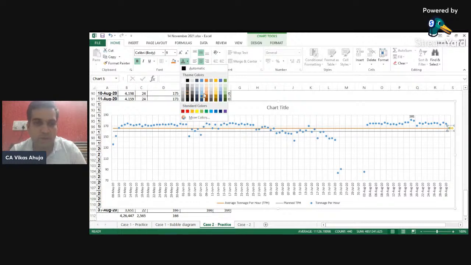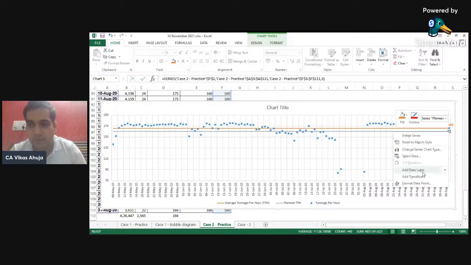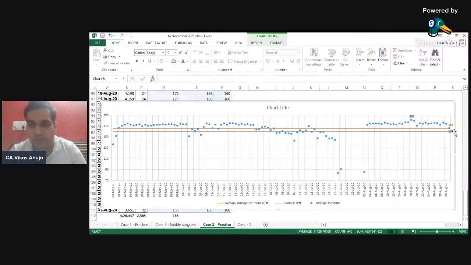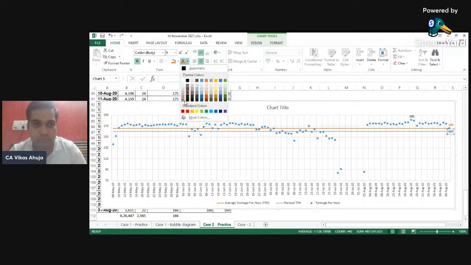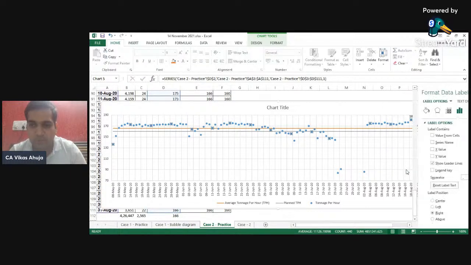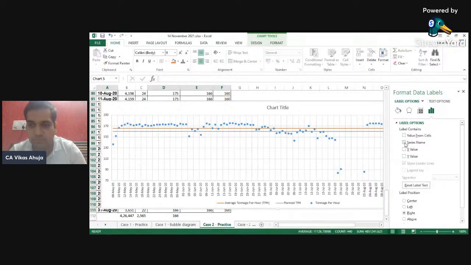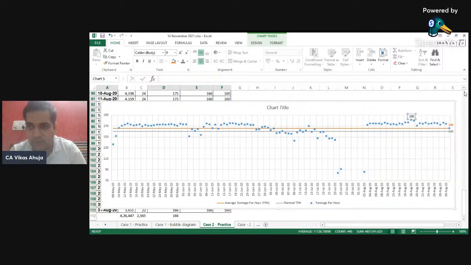I colored it in this color because my line is in this color, so that it's easy for the client to connect which number belongs to which. If I populate all the numbers, sorry, I was not trying to do this.